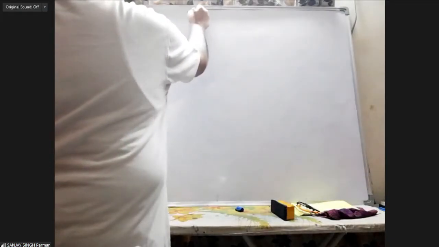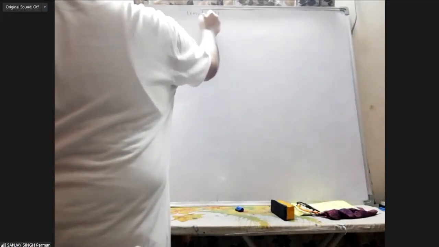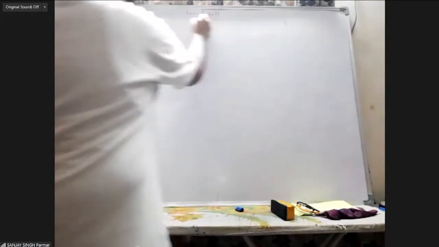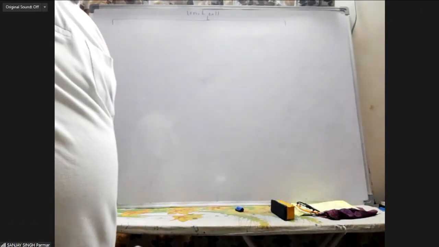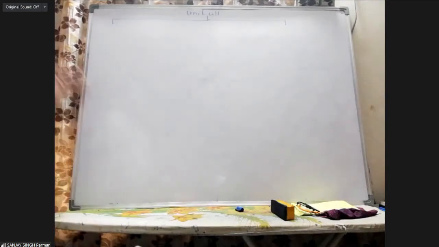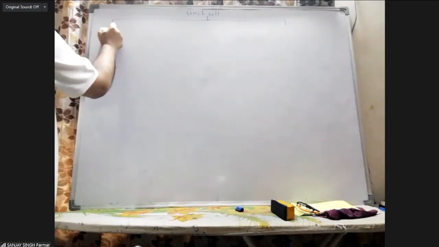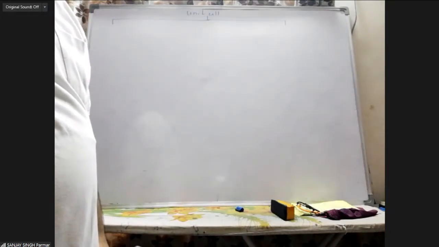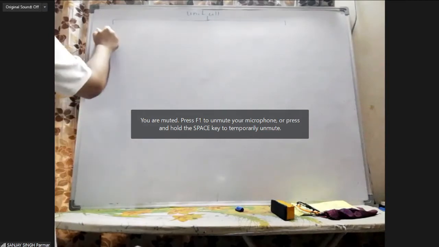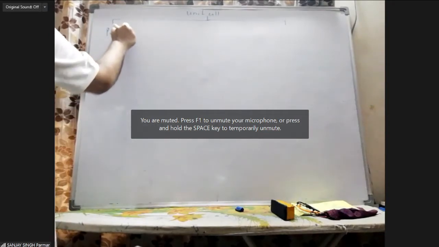Unit cells are broadly classified into 2 types, and they are called primitive unit cells and centered unit cells. Now I go for the primitive and the centered.